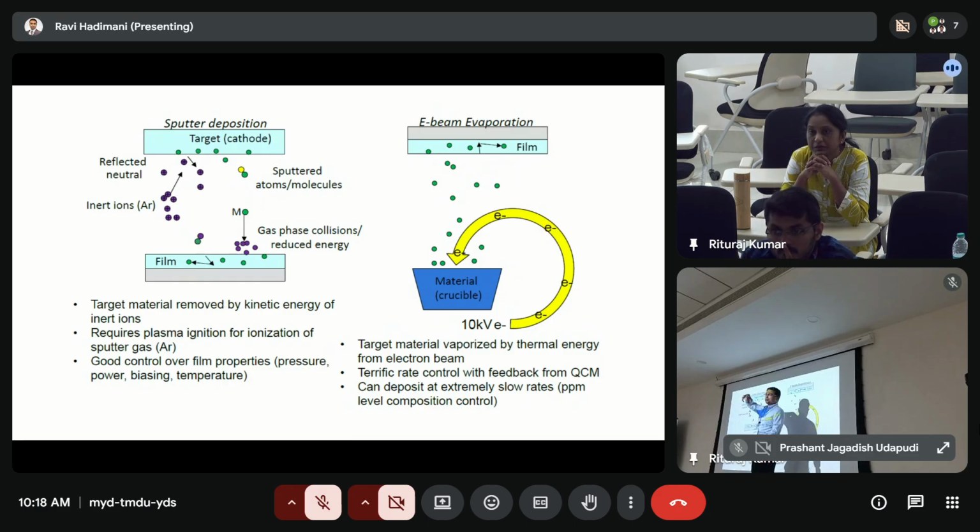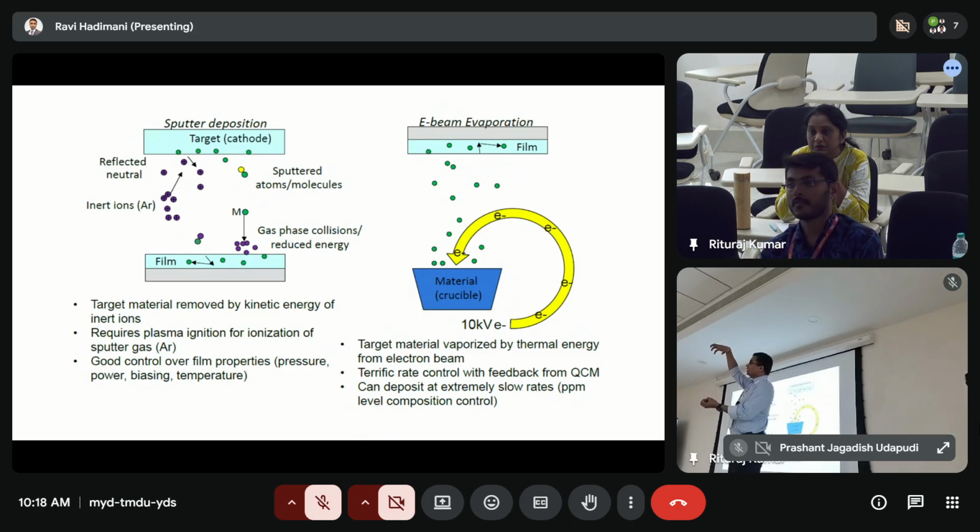The target is kept at a very high negative voltage. There is a large force between the positively charged ions and the negatively charged cathode electrode, which is nothing but the target. And they go and hit.